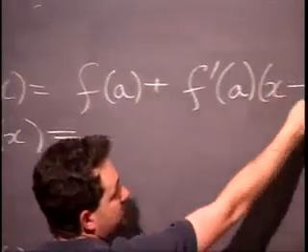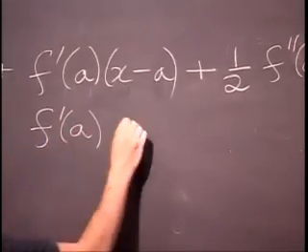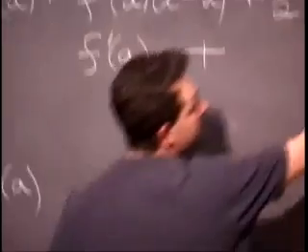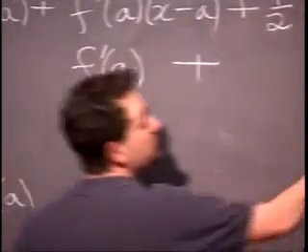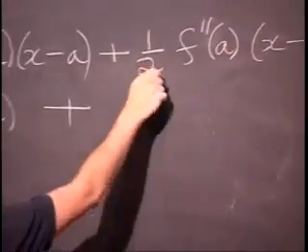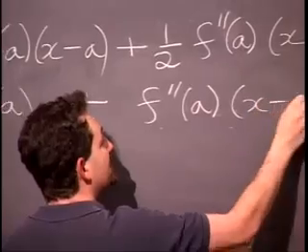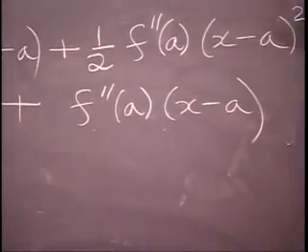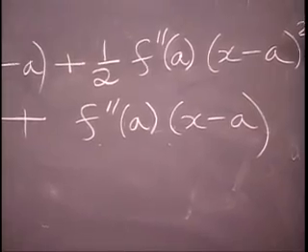The derivative of x minus a is just 1, and then I have the coefficient f double prime of a. On the other hand, the derivative of x squared is 2x. So the 2 will cancel out this 1/2, and I'll get f double prime of a times x minus a.